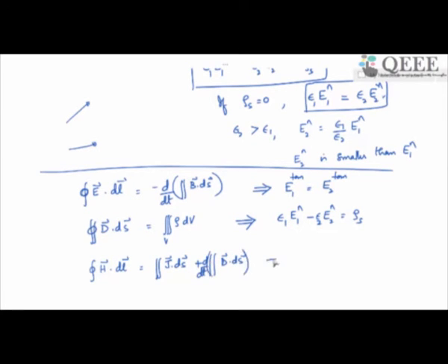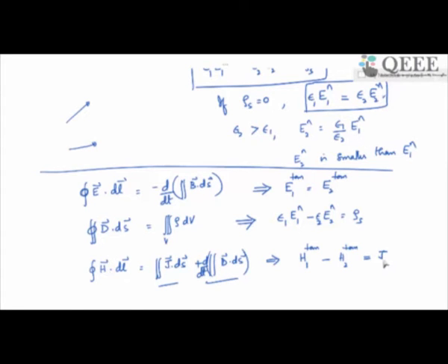Again you start with a loop and shrink it to zero, which means that the flux due to conduction current and displacement current both are 0. So you will be left with h1 tangential minus h2 tangential equal to the line current, because even though you reduce the surface to 0, you could still have a line current passing through it.